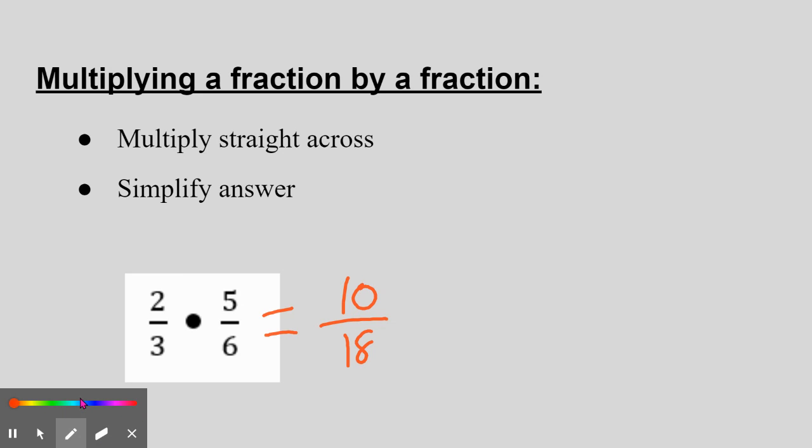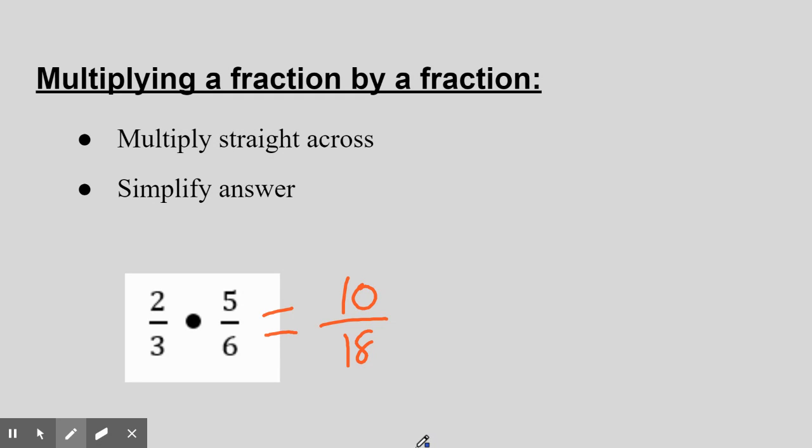If you're unsure what to simplify by, ask yourself, are they even numbers? Yes. So I could use 2. Does it end in a 5? If it ends in a 5, you could use a 5. If both end in 0, you could use 5 or 10. Okay, so questions like that are what you can ask yourself.